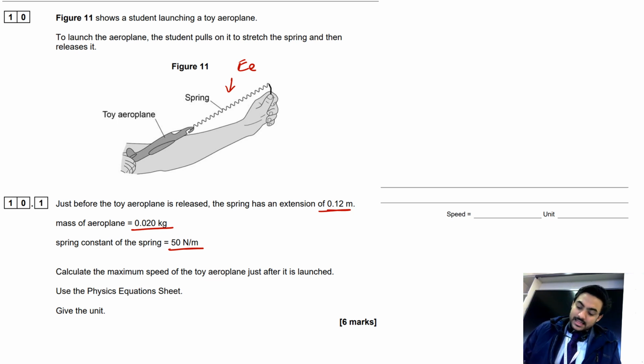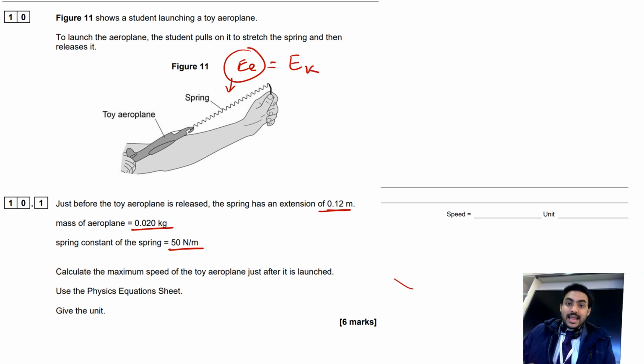All right, so this is the energy that's going into the airplane, and to calculate the speed, we need to know the kinetic energy the airplane has. Well, if this is a 100% efficient energy transfer, the kinetic energy the airplane has is going to be the same as the elastic potential energy that the spring is loaded with. So let's find the elastic potential energy first.